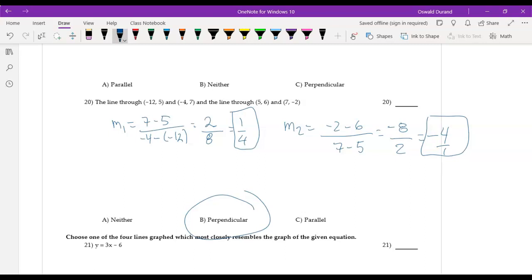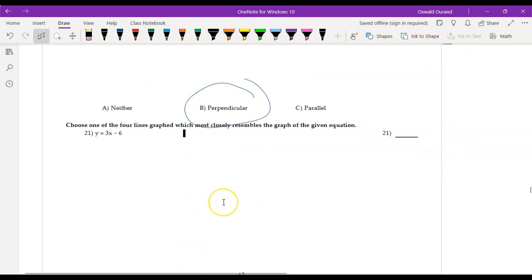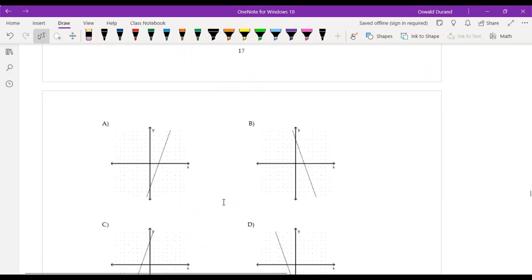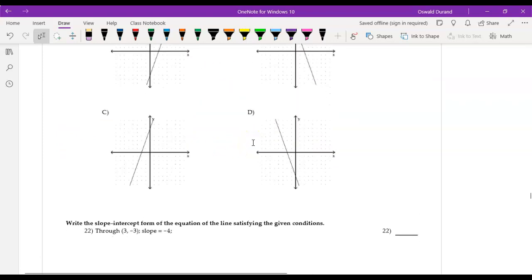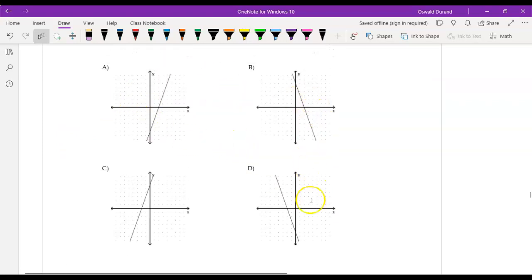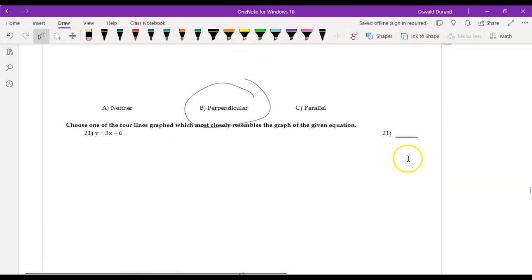Okay. All right. Now, here you have to look at this equation and determine whether it falls into any of those four categories of graphs. So let's look at y equal to 3x minus 6.